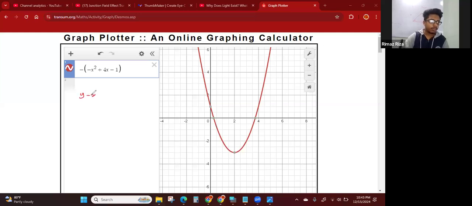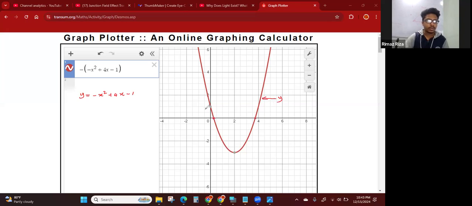Right. So now if I multiply by this, this function y equals minus x squared plus 4x minus 1. Let's say we want the values where the function is equal to 0, where y is 0.